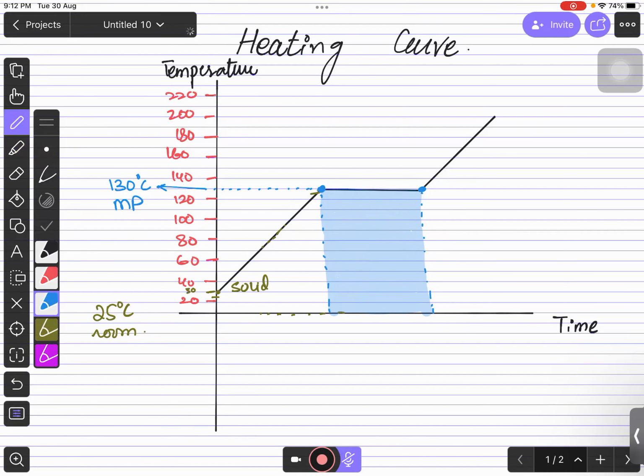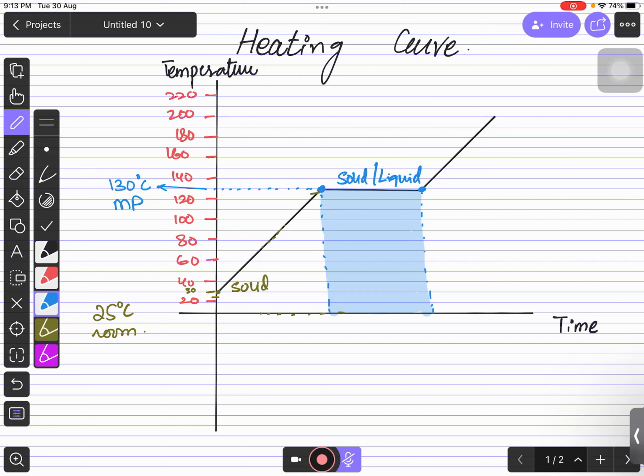Exactly, the state is changing. The energy we are providing is going to be used to change the state right now. So over here, solid and liquid both exist. This is the plateau where both the states of this substance are present, because this substance is melting over here.